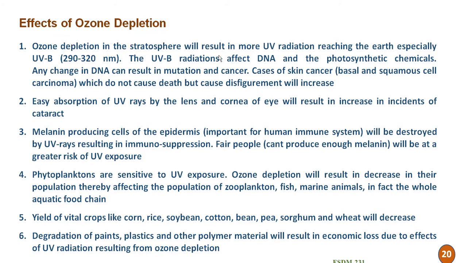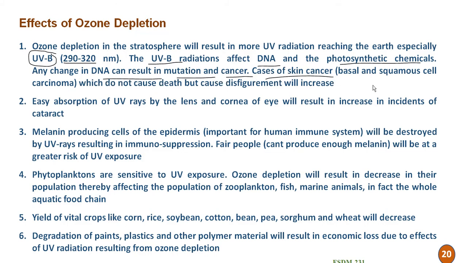Ozone depletion in the stratosphere will result in more UV radiation reaching the earth, especially UVB radiation, which is in the range of 290 to 320 nanometers. This UVB radiation affects the DNA and the photosynthetic chemicals, and any change in DNA can result in mutation and cancer.